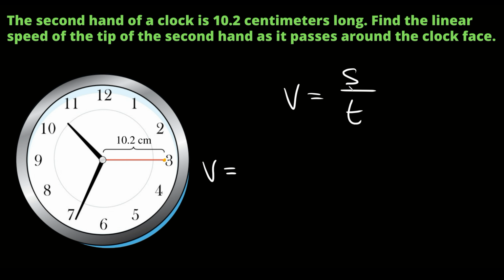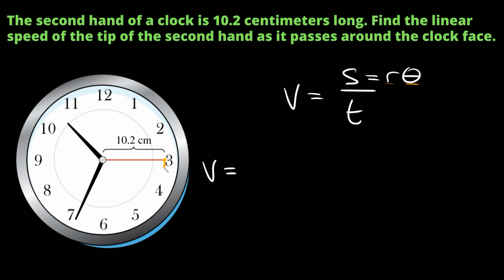Remember, we can simply use the arc length formula, which is S is equal to R times theta, where S is the arc length, R is the radius, and theta is the central angle.